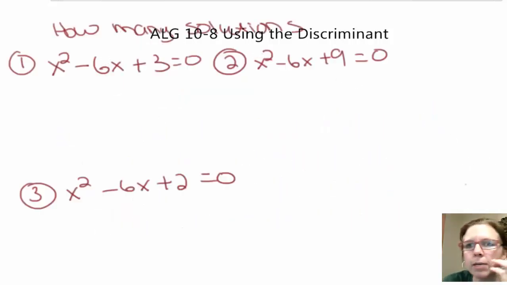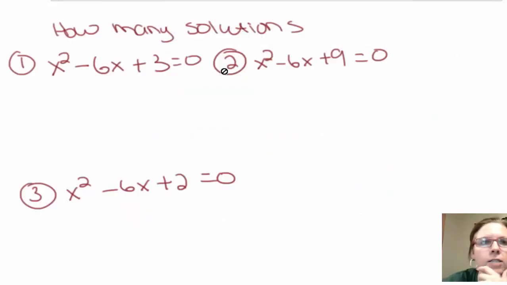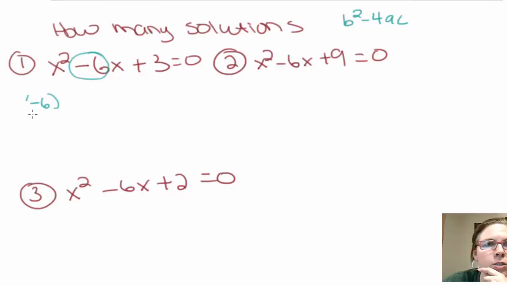On these, you're just finding out how many solutions there are. That's all you're doing. So all you need to do is b squared minus 4ac. That's it. So here's our b, remember. So negative 6 squared minus 4 times 1, because that's what's right here, and then c is 3.